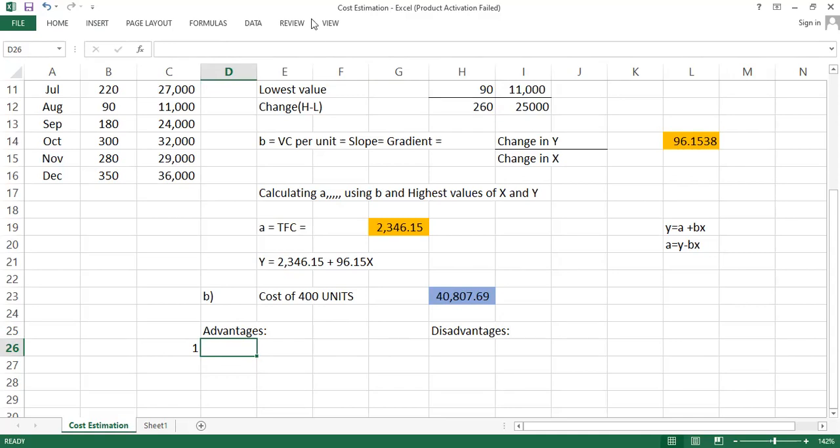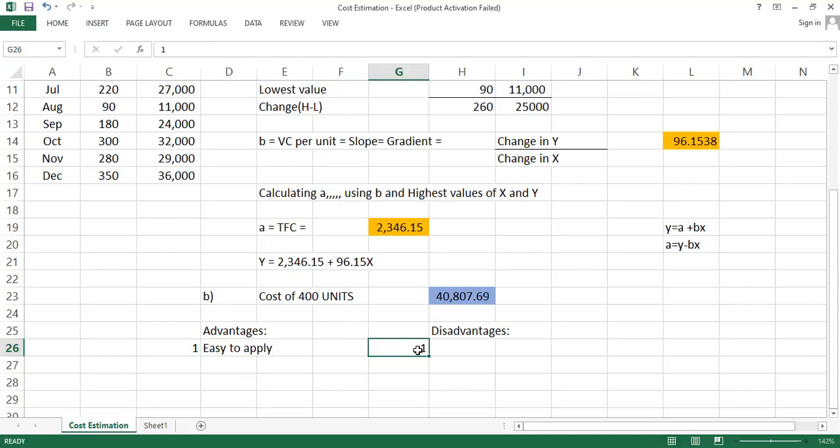Somebody, what is one advantage? So thank you very much, Gadungu and Tego. Gadungu says it's user-friendly, Tego says it is easy to use. So that is one answer. It's very easy to apply.